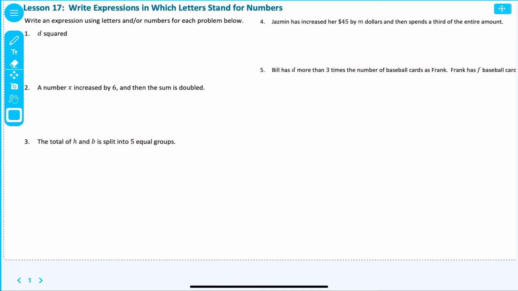Okay? So this is Math 6, Module 4, Lesson 17, write expressions in which letters stand for numbers. Write an expression using letters or numbers for each problem below. Number 1, d squared. Gianna, how are we going to write d squared?